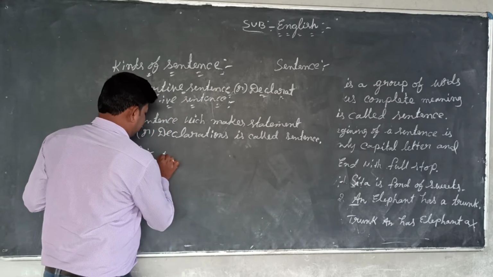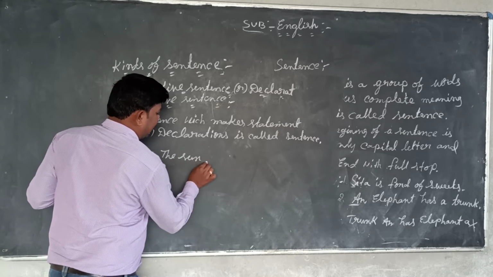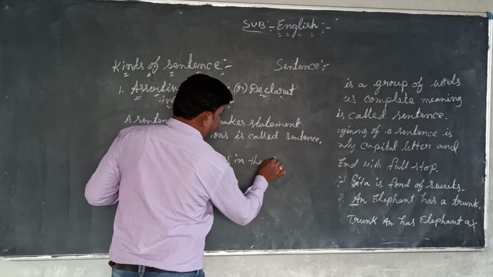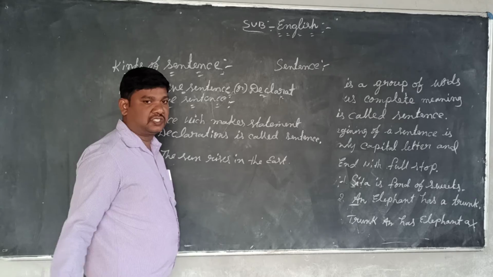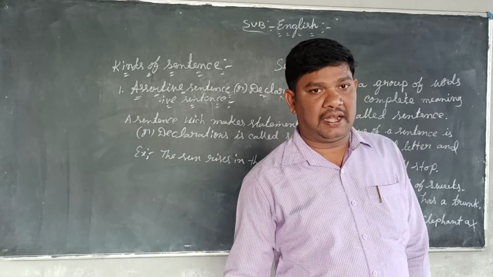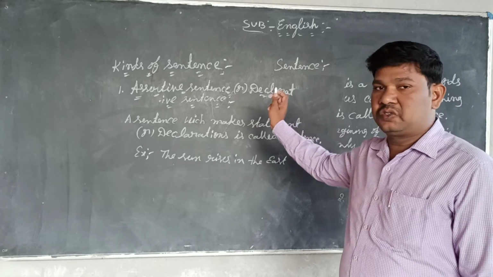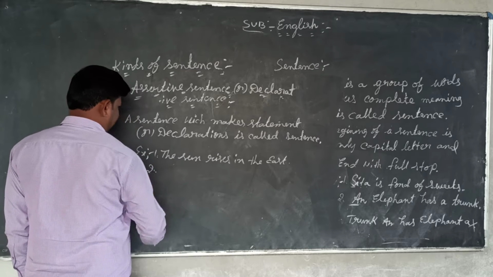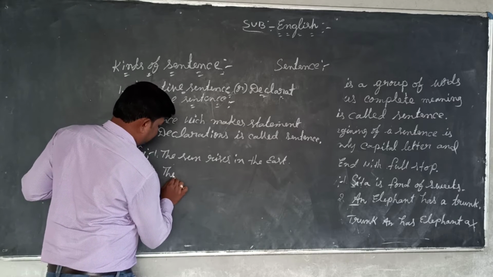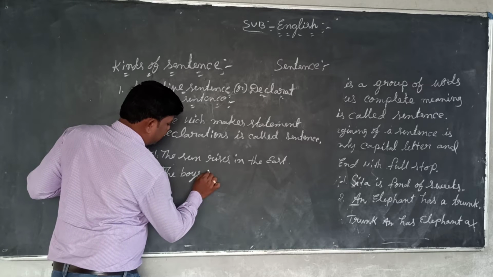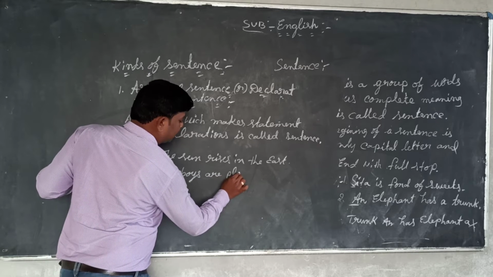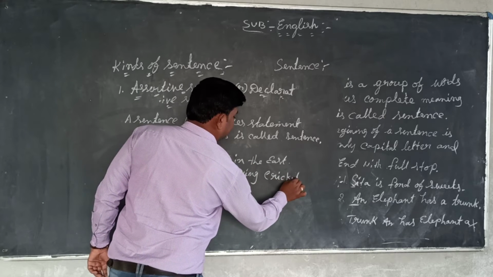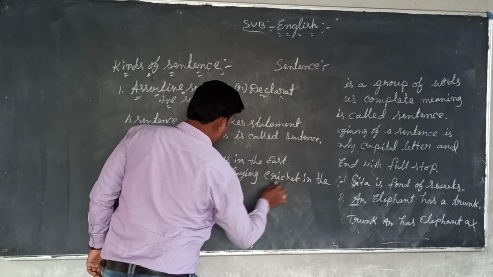For example, the sun rises in the east. This is a statement, so it comes under the assertive or declarative sentence. See another example, another statement: the boys are playing cricket in the playground.